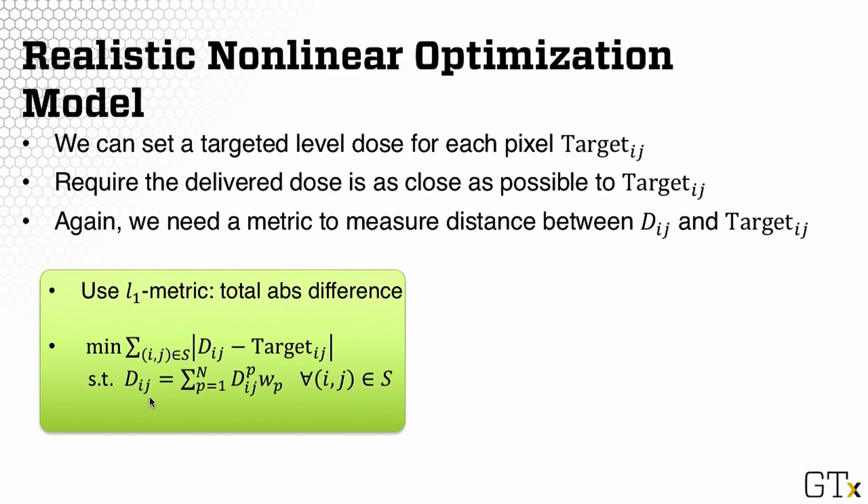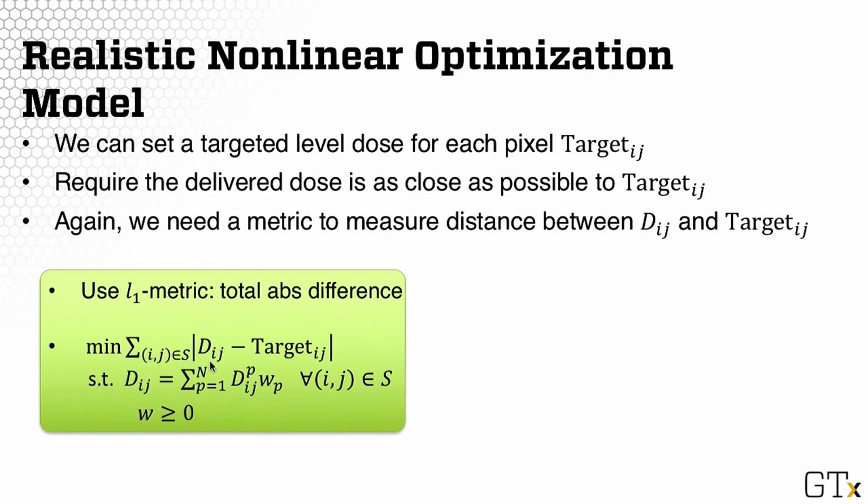And each Dij, again, is the sum over all the beamlets delivered to the pixel ij. And we have a weight, non-negative. So this is an optimization problem, and it's always feasible because any non-negative W you put in will be a feasible solution here. So there is no feasibility problem here.